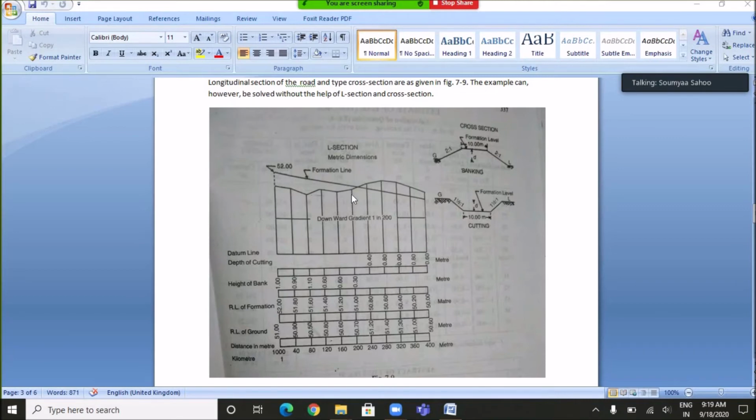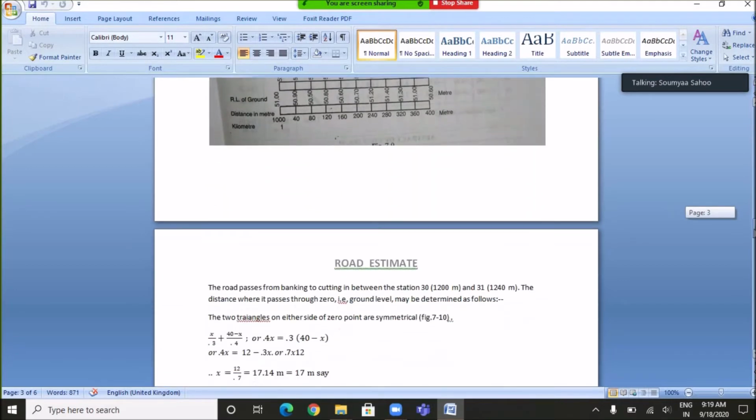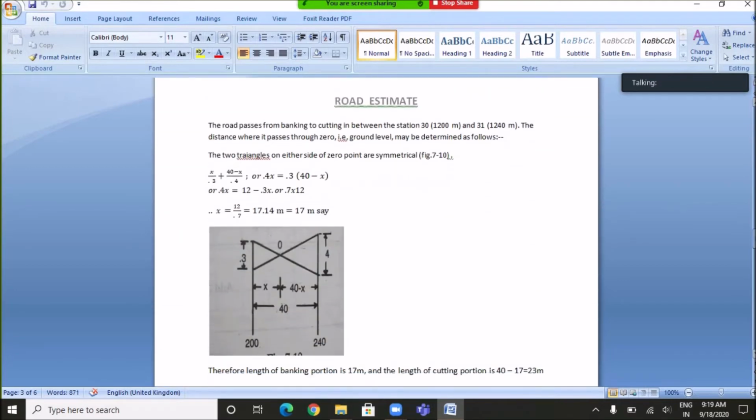the depth of banking here is 0.3 meter, whereas the depth of cutting is 0.4 meter. So if we enlarge that portion like this, the depth of banking is 0.3 meter and the depth of cutting is 0.4 meter, and the distance between two stations is 40 meter.